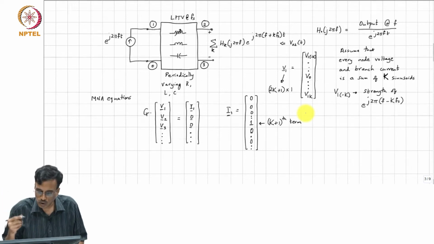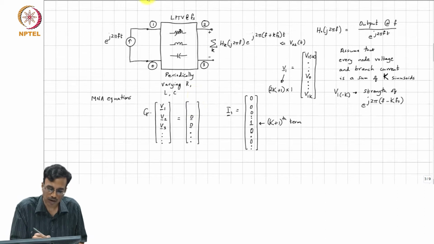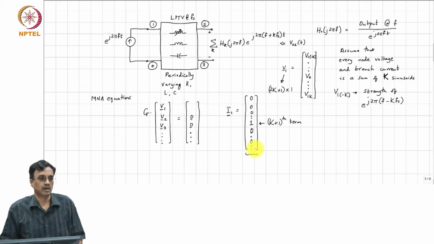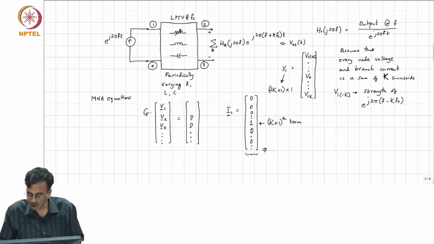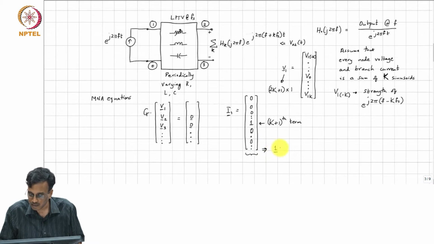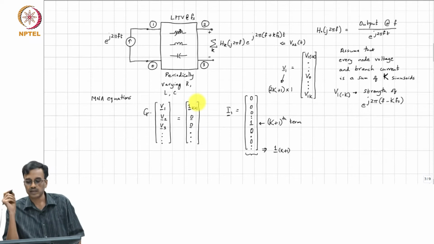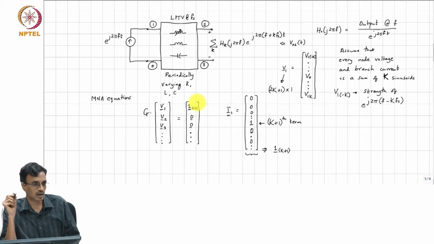Rather than write notation like this, I will simply use a vector which has got a 1 in the k plus 1 term. I am going to call this 1 sub capital K plus 1, and that is just for us to understand that only the k plus 1th term in that vector is 1, all the other terms are 0, right.